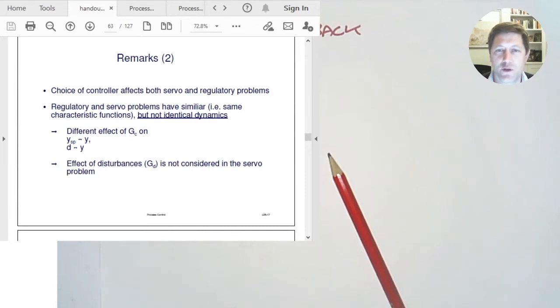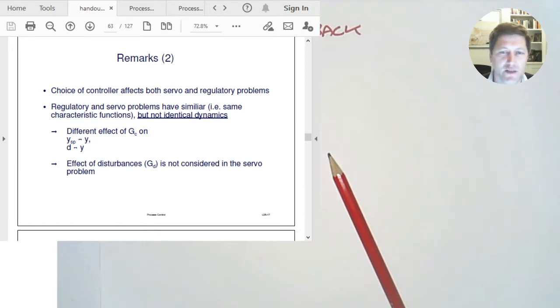So the choice of controller affects both the servo and regulatory problems. Now, whilst they have the same characteristic function, the same denominator, you can design their stability criteria satisfactorily based on that, but they don't have the same dynamics, and that's because the numerators are different. So it's not that they're the same.